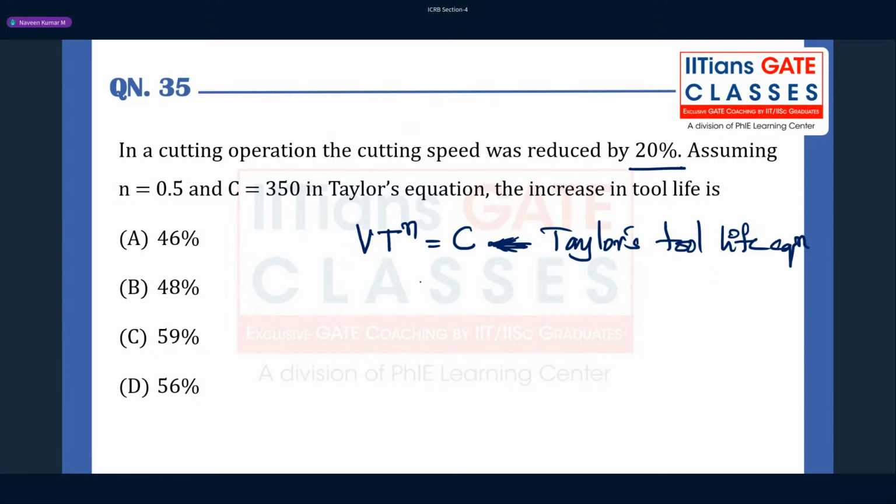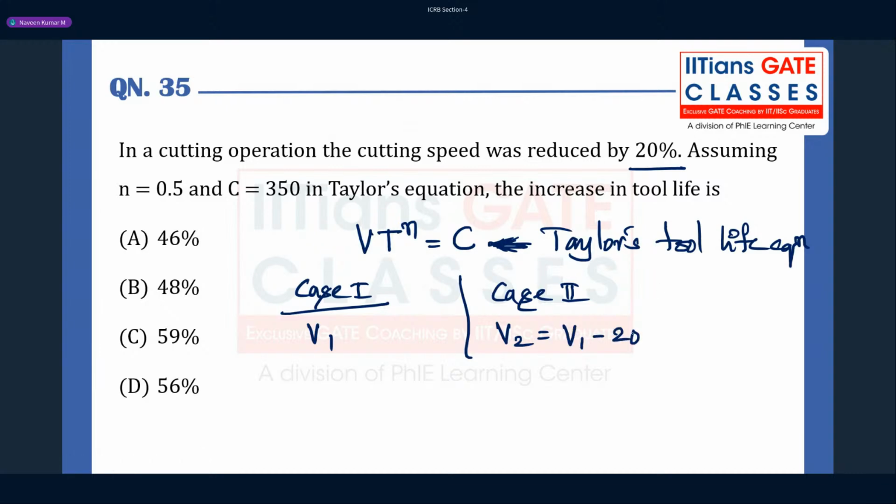There are two conditions. Case one is some cutting speed, V1. Case two, V2, is the cutting speed reduced by 20%. So 1 minus 0.2, that is 0.8 V1.